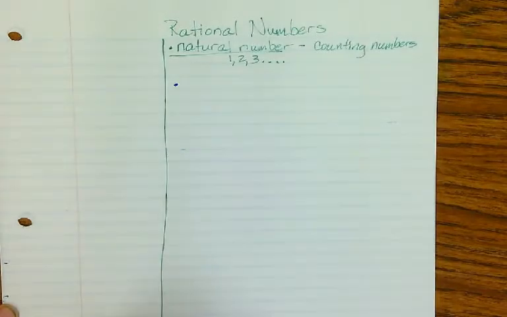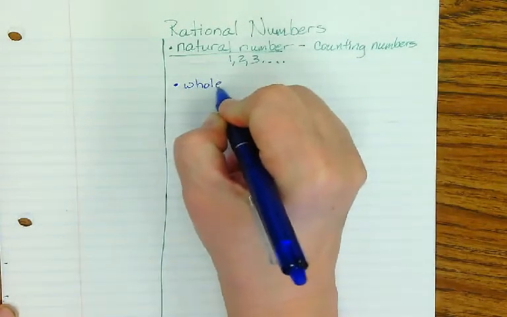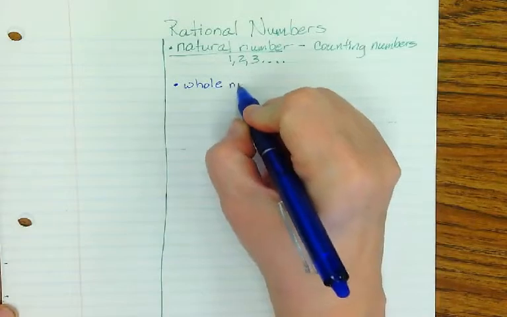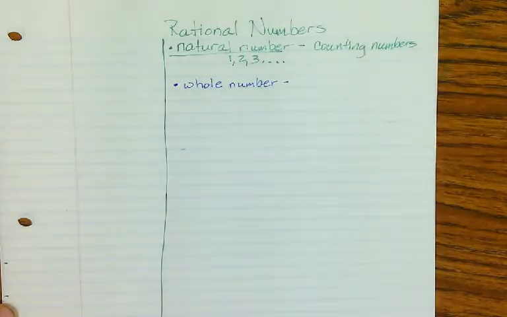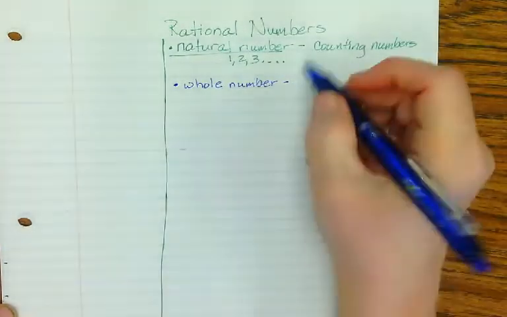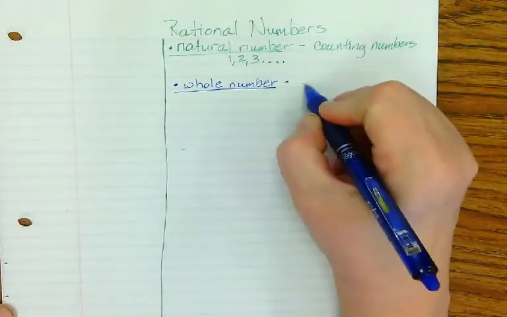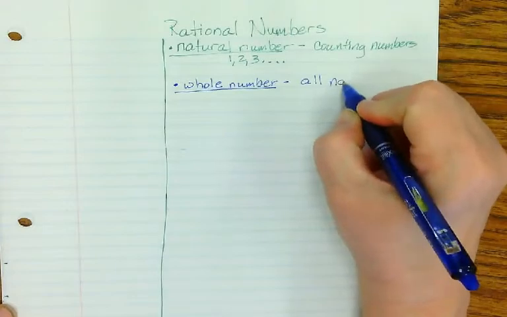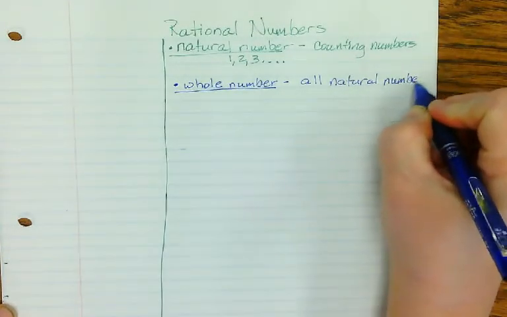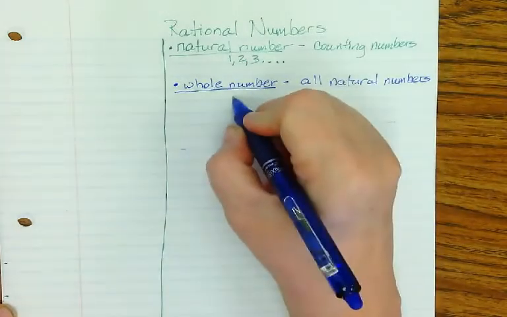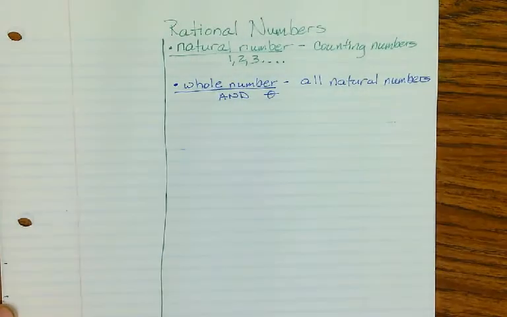The next category is called a whole number. The difference between a whole number and a natural number is a whole number are all natural numbers are also whole numbers and 0.